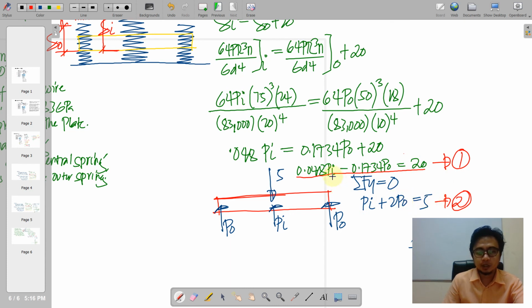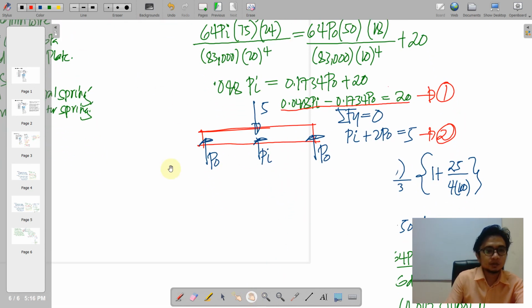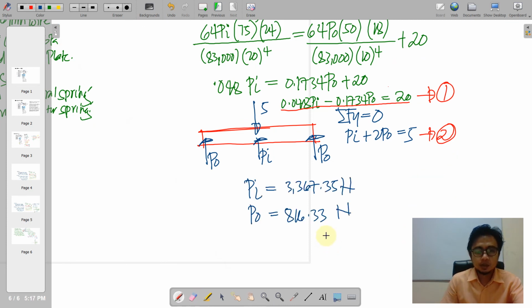We will calculate the two variables, and the values are 3,367.35 Newton for the inner spring, and the outer spring loading is 816.33 Newton.